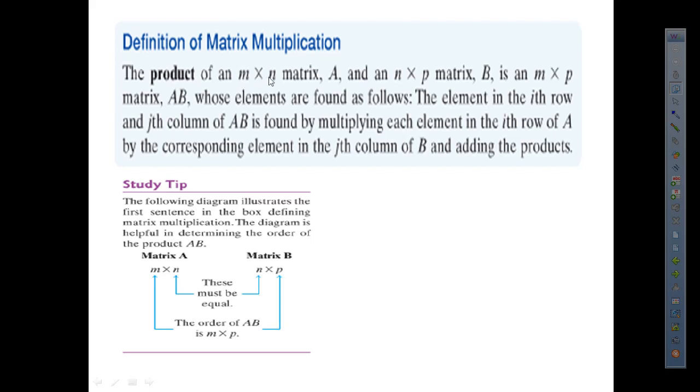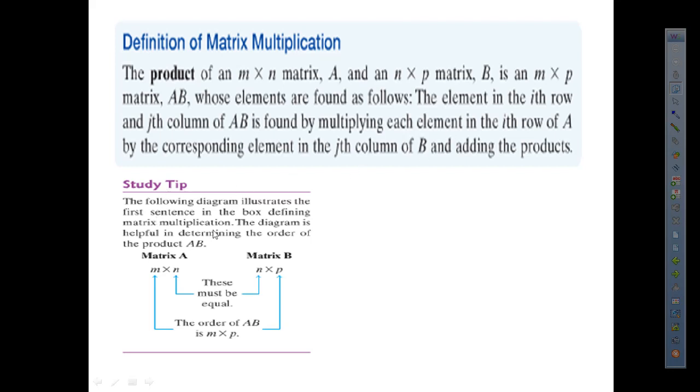So we have an M by N times an N by P, and the resultant matrix is an M by P, whose elements are found as follows, the same way we've been doing in the previous ones, how I talked about row 1, column 1, row 1, column 2, etc., etc. You're going to do it the exact same way.